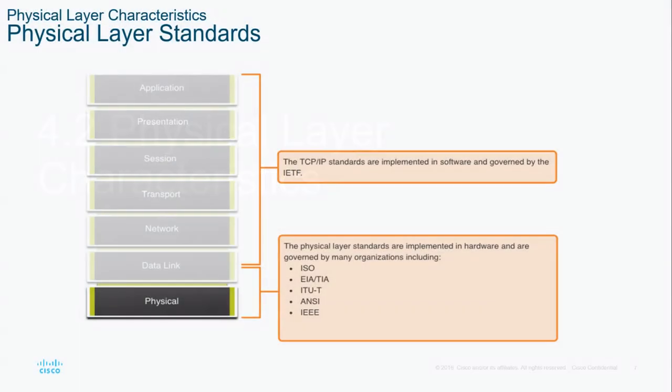Physical layer characteristics. These are the standards organizations that govern the physical components at the physical layer. The physical layer standards are implemented within the hardware and are governed by many organizations, which include all those listed here.